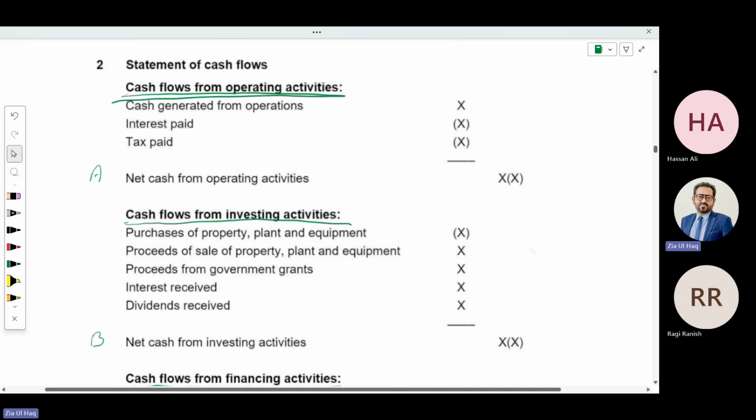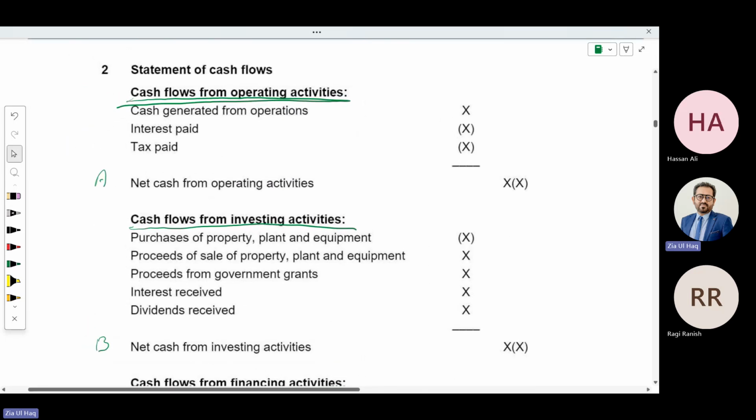How to calculate cash flow from operating activities? To calculate cash flow from operating activities, first we need to calculate cash generated from operations. And this is the most difficult part in cash flow statement. How to calculate cash generated from operations, we're going to learn later on.